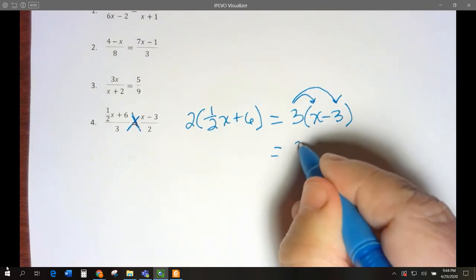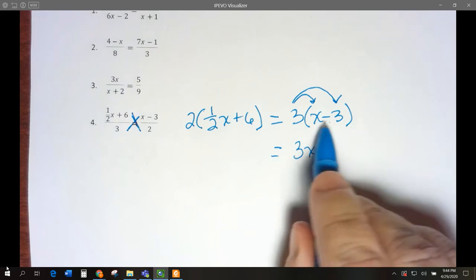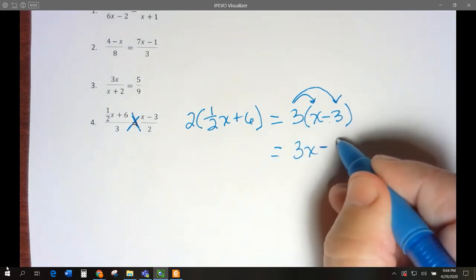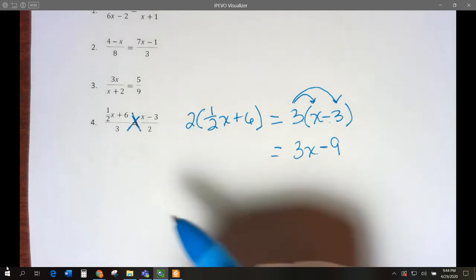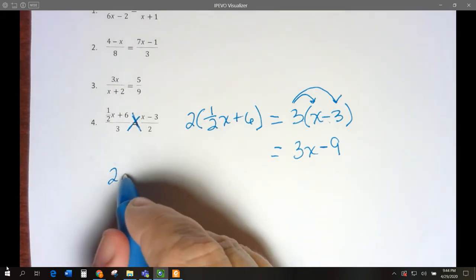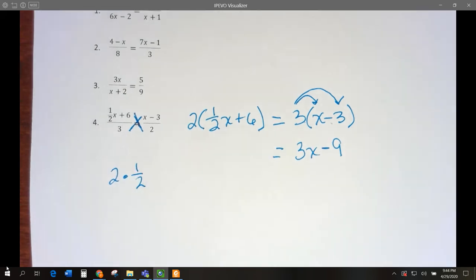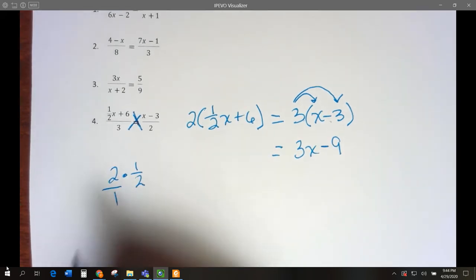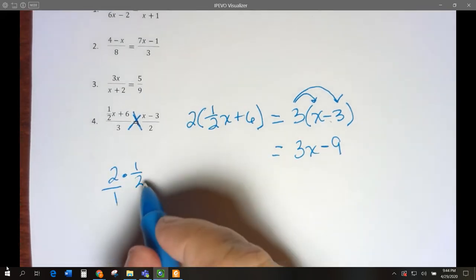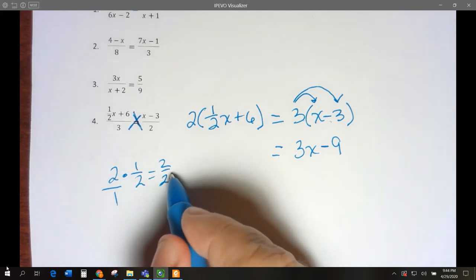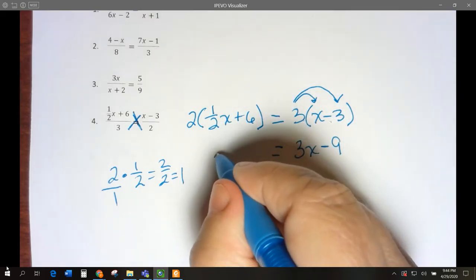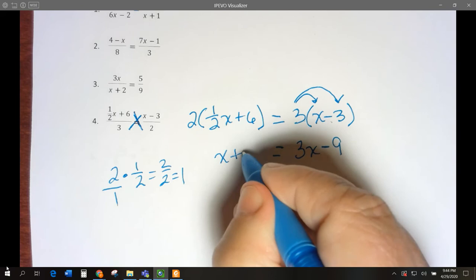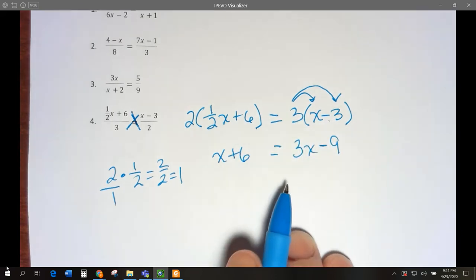So we have 3x and a minus 9 over here. 2 times 1/2 x. Well, how do we go 2 times 1/2? We turn that into a fraction, we multiply across, we get 2 over 2, which equals 1. So 1x, or we can just put x, we can make that one invisible, plus 6 equals 3x minus 9.